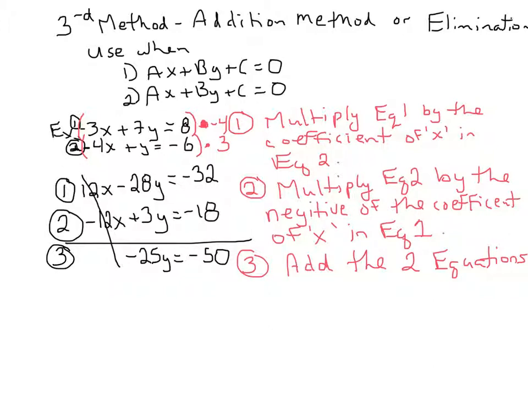Step 4, solve for y. If you do step 1 and 2 exactly as I said, x will always cancel out, you'll always be left with y. I'm going to divide both sides by negative 25.